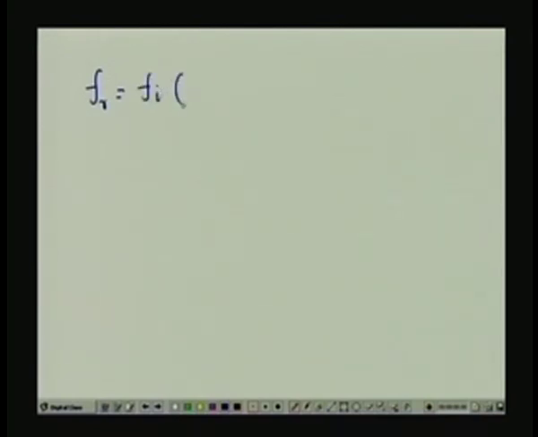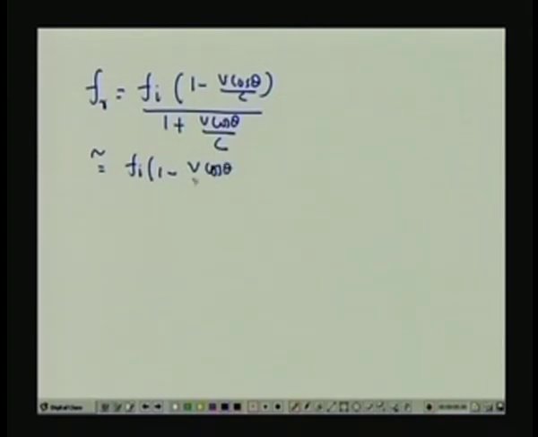From our previous expression, we can write Fr, the frequency of the reflected wave, equal to Fi times (1 minus V cos theta by C) upon (1 plus V cos theta by C). Simplifying, this is Fi times (1 minus V cos theta by C) whole squared, where Fi is the frequency of the incident beam and Fr is the frequency of the reflected beam of the ultrasonic wave.